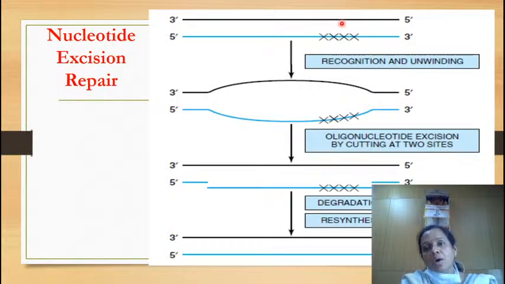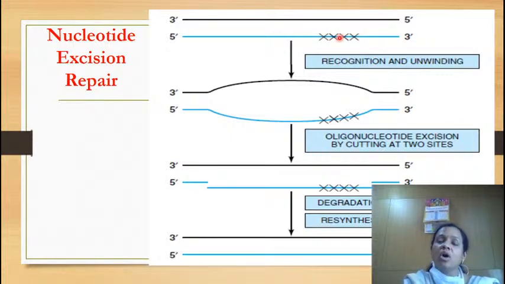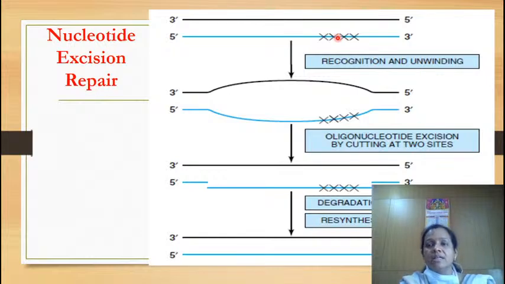This is how. Now it has identified these as the nucleotides that are problematic, that have got modified. So they are not the normal ones. So what will it do? It will take up almost this stretch, a huge number of nucleotides.